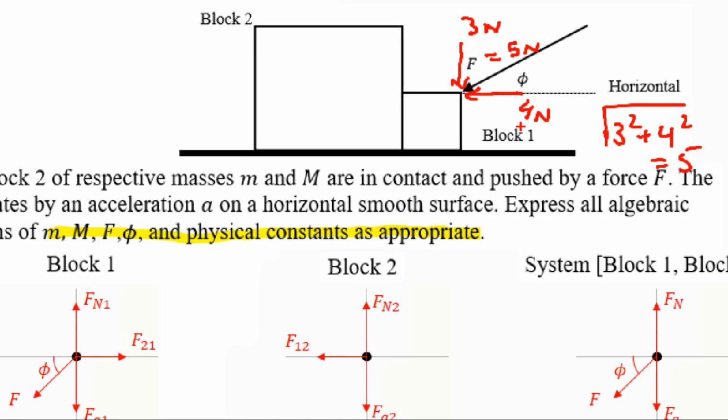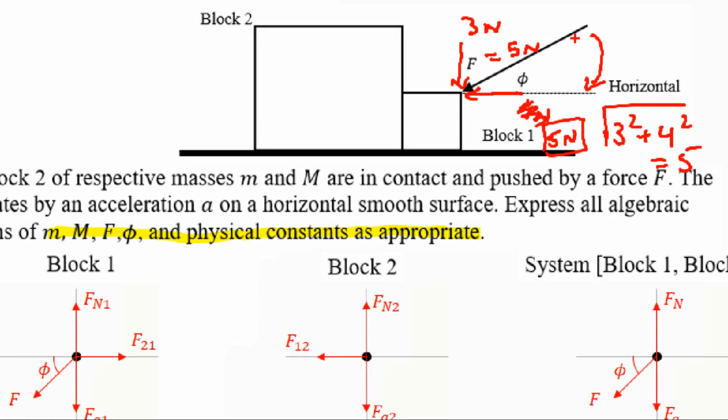What can we say about that? The force F in total is 5 newtons, but only 4 newtons compensate for the horizontal acceleration of the block. Now here what we're saying is, if F becomes completely horizontal, there will be no vertical component anymore. So in this case, these 4 newtons would change to 5 newtons.